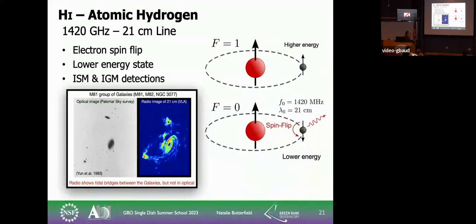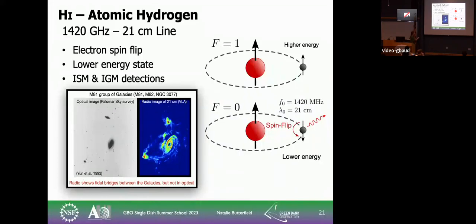Now this type of emission is observed both through the interstellar medium as well as the intergalactic medium. So if you're doing high redshift or extragalactic, H1 is a common line to observe. And so here's an example of a galaxy cluster or a galaxy group where you have your optical shown on this side, and then you have your radio H1 transitions shown on the other side.